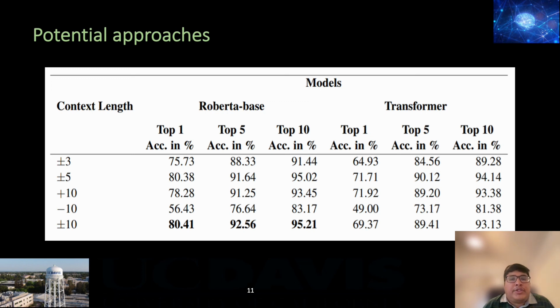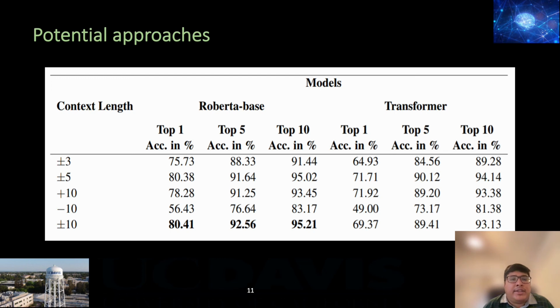So we tried this experiment, comparing these models with different context lengths. In the left column you can see the context length. This plus or minus 3 means that for this row we take 3 lines before the marker and 3 lines after the marker, make a sequence, and give that sequence to the deep learning model for the prediction task.